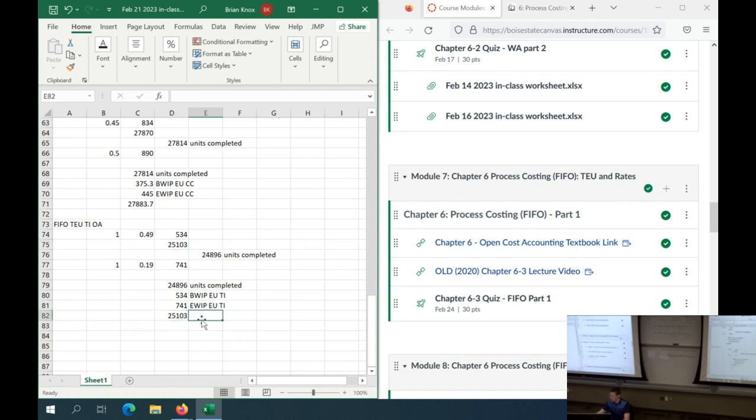Okay. So yeah, our TEU in this case equals our units started, because materials are added at the beginning of the process, which is really what it boils down to. Those kinds of questions, when it's asking about the materials TEU, the materials TEU equals units started. No problem.